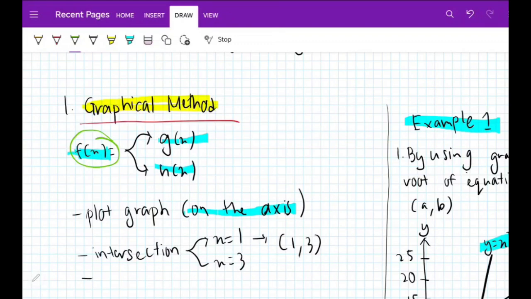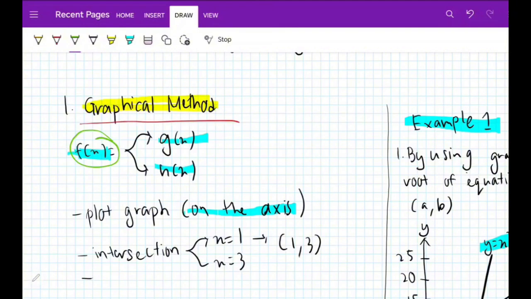Next we find which x coordinates the intersection is located between. Let's say between x = 1 and x = 3. That means the root of f(x) is located in the interval 1 and 3. Basically that's the concept of it.